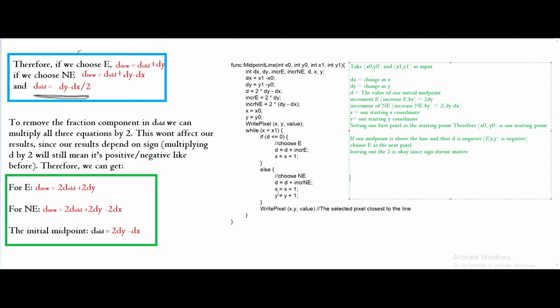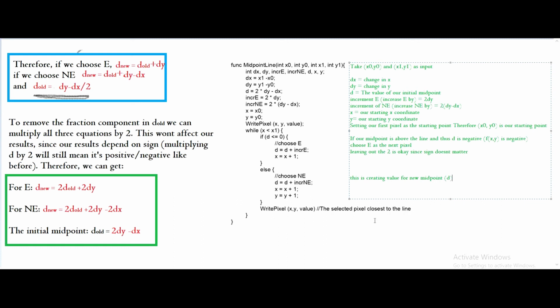So we know why we've done this: x equal to x plus 1 and y equal to y plus 1. I should just note that this is creating the value for the new midpoint D.